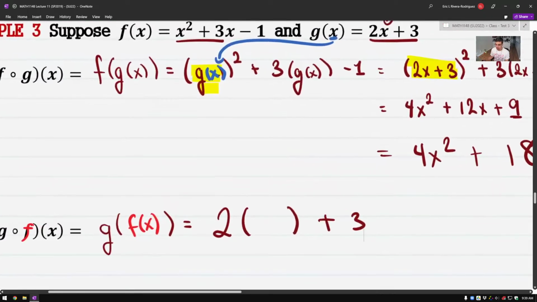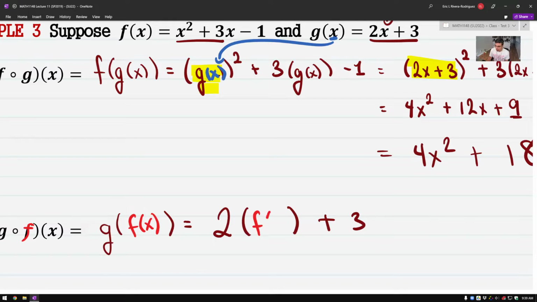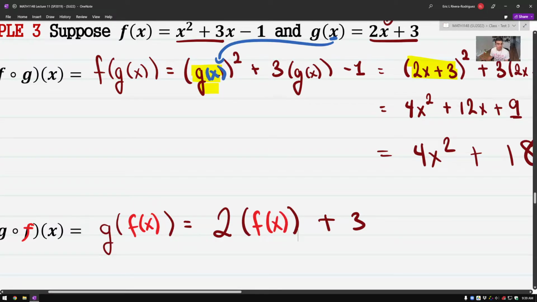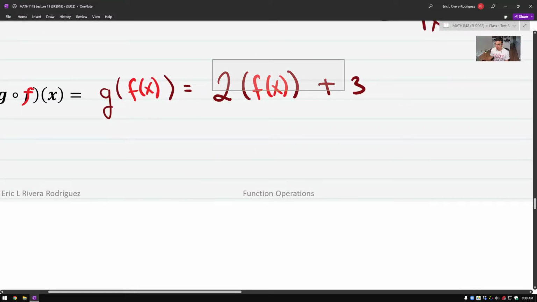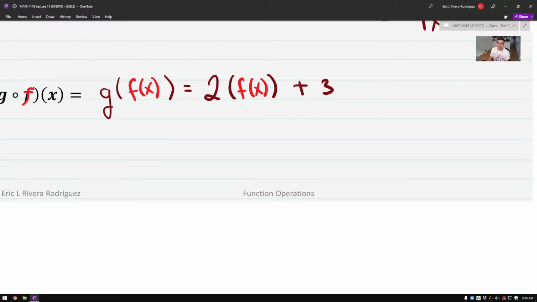I'm going to write f of x, because now the argument of the function is f of x, not only x. Any questions so far, Mohammed? Okay, anyone else with questions on these steps?